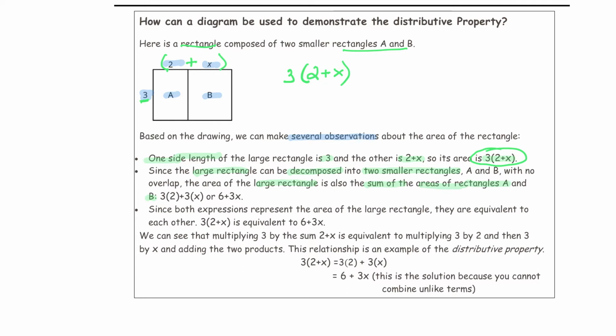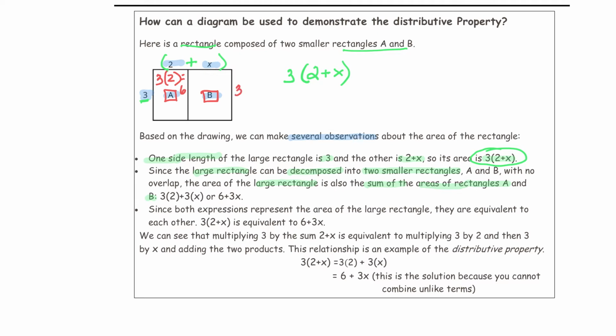So if I go to rectangle A, if I wanted to calculate the area of just this rectangle A here, I could say that 3 times 2 is going to be the area, which is 6 square units. But then for letter B, I also can see that the length of this side here is 3.